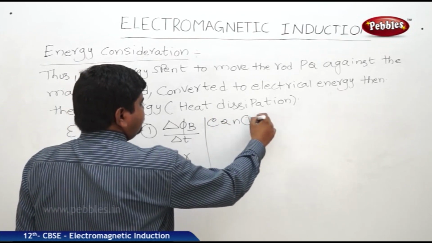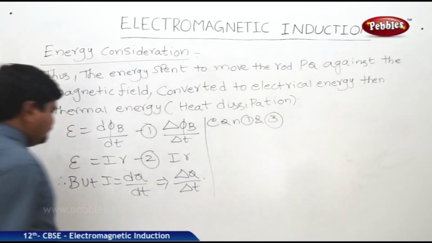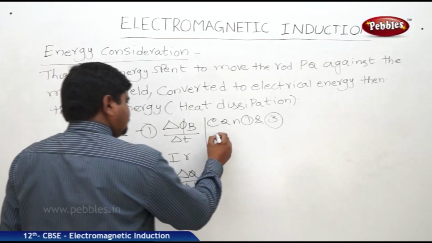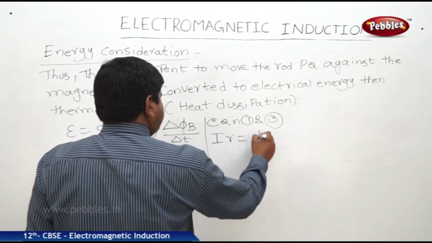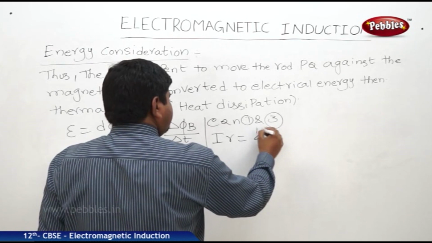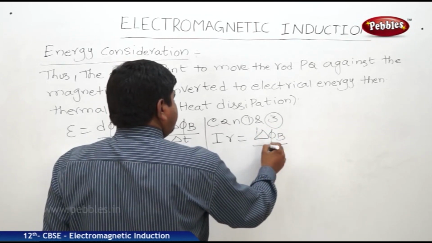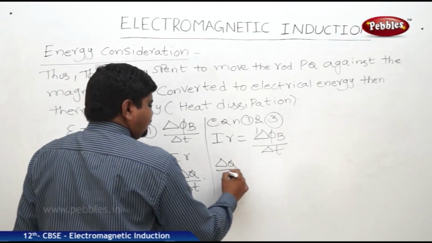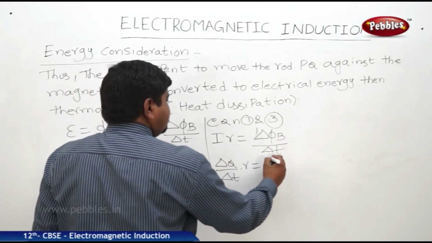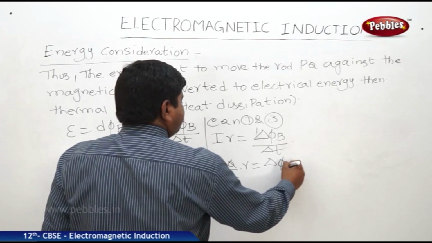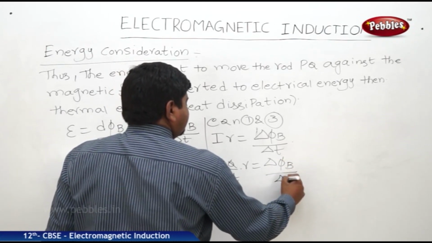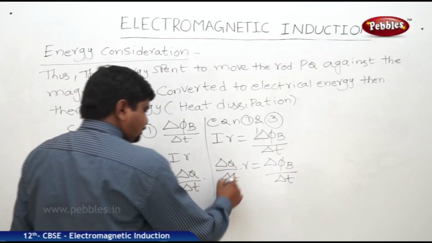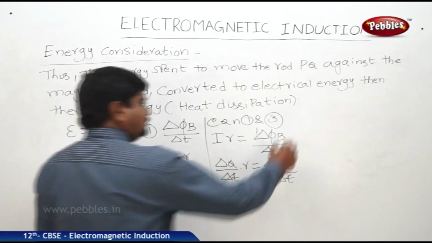From equations 1 and 3, we can write IR is equal to delta phi b by delta t, where I is equal to delta q by delta t into R is equal to delta phi b by delta t. Delta t can cancel.